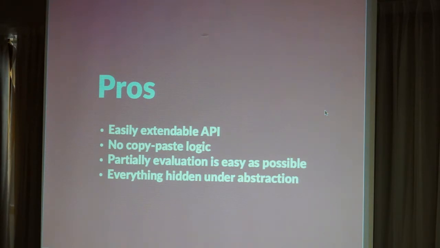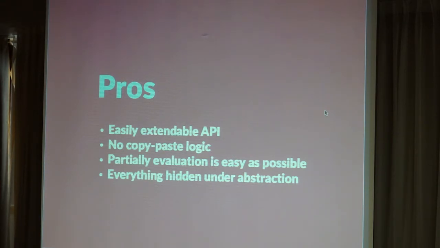If you enable some flags, your compilation will fail, and you will see that you forgot about some place to implement the handling logic. You have no copy-paste logic. All the logic that you define is in exactly one place, and that means it's bug-free.